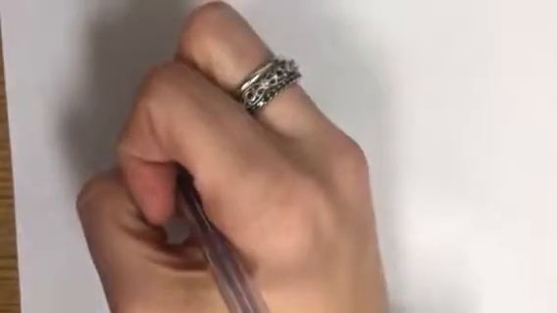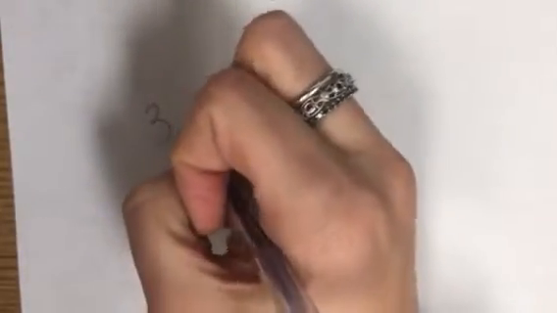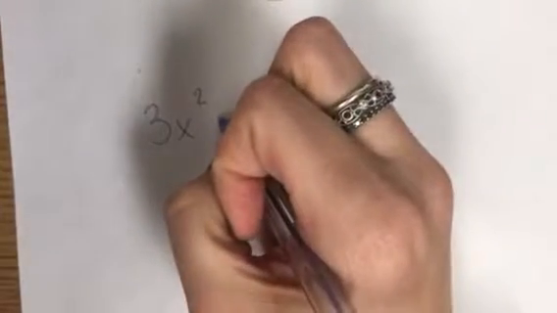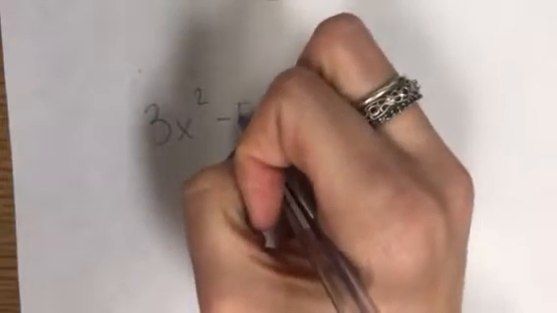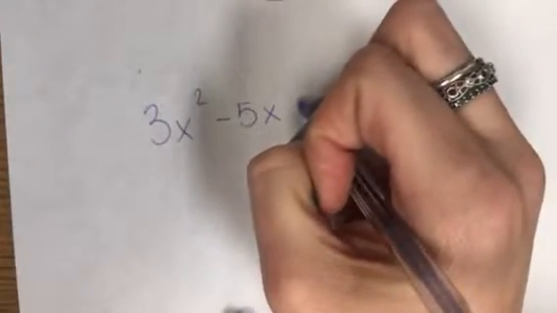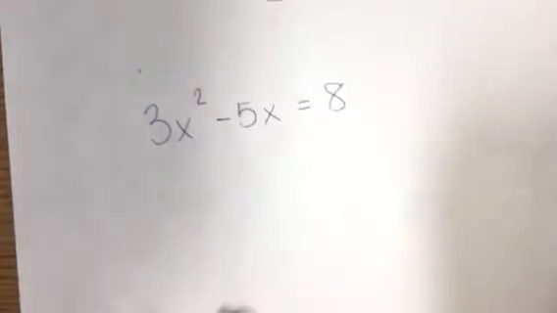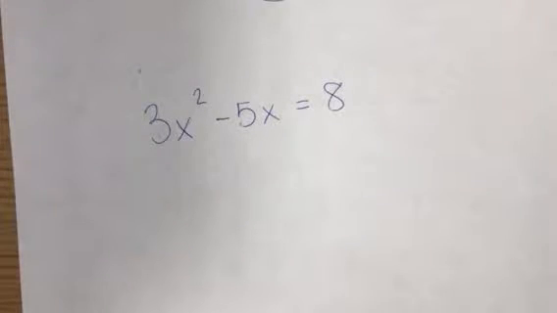So maybe we have something that says 3x squared minus 5x equals 8. If we look at this problem, here we do not have it set equal to 0.